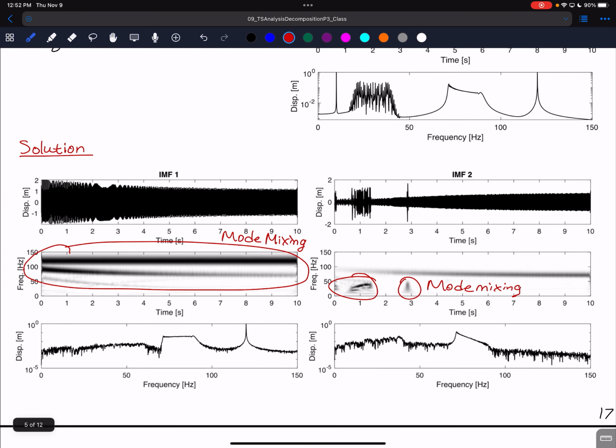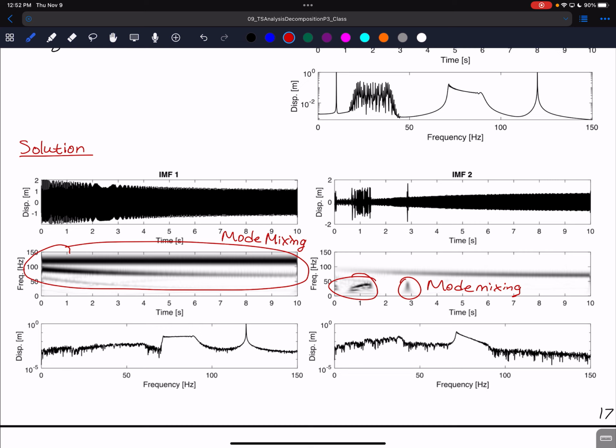Here's what you get. The first IMF actually now captures the first 2 components in there, and as a result, the second IMF has other components captured into it.